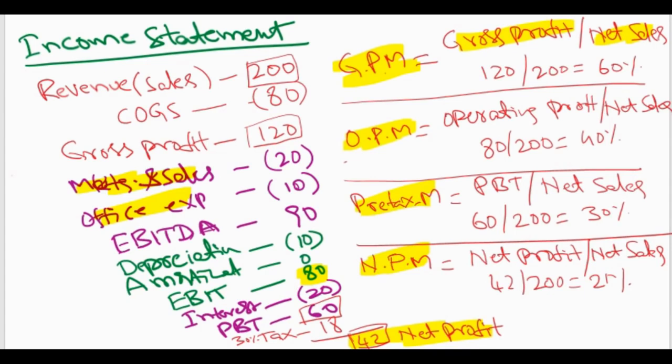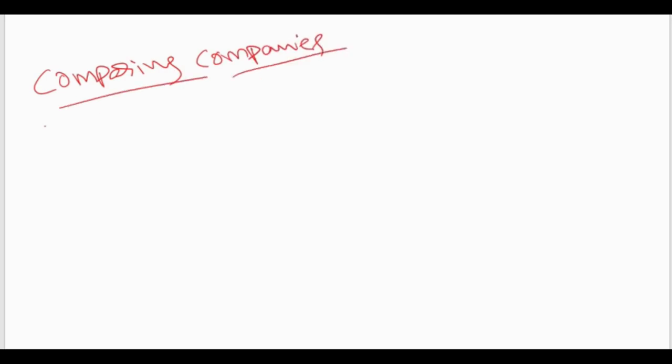how do you know how your company is performing? Only when you compare with other companies. So how do you compare with other companies? So only when you compare, you will know who is performing well.